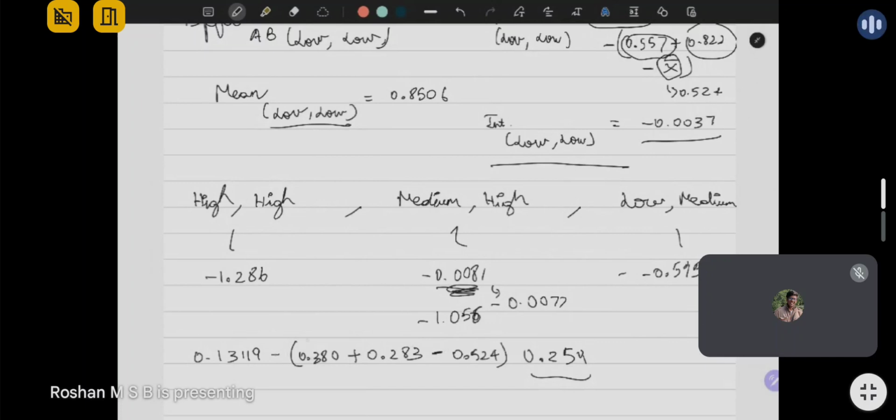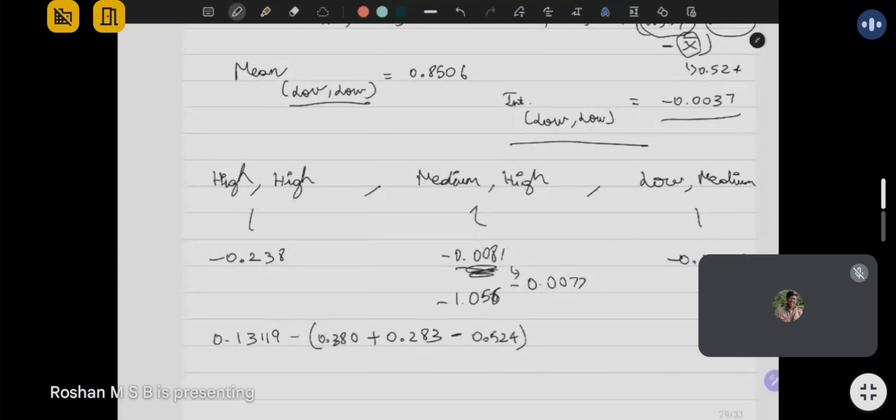So this is minus for the whole thing. In high also I got minus 0.238. Yes, that is correct. So I made that mistake. I think you must have added this. Yes, that mistake I've done. And for low medium, it's minus 0.2422.